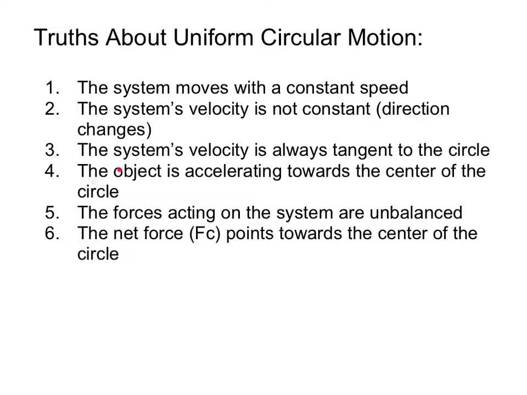The fourth thing is that the object is accelerating towards the center of the circle at all times. The fifth thing is the forces acting on the system are unbalanced. And the sixth thing is the net force points towards the center of the circle. Some of these things can be combined into one large one, but I prefer to list them off like this, and I'll elaborate further on each one.